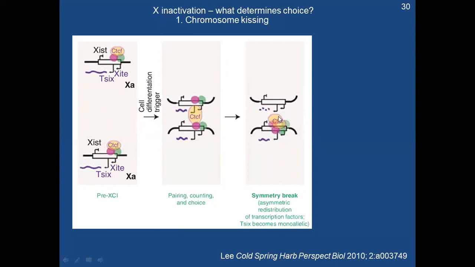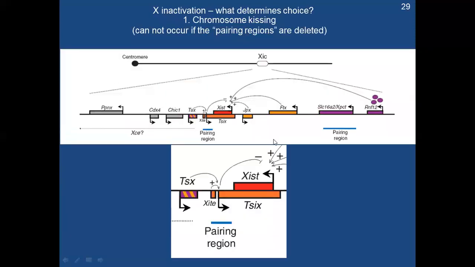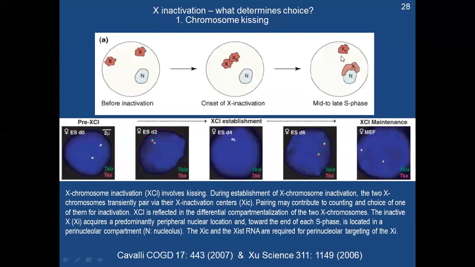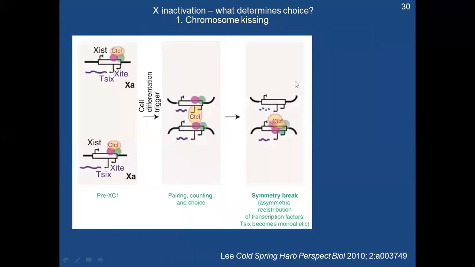This is going to remain active. So that's how this happens. Once they touch each other, one decides to be inactive by allowing all its pluripotency factors to move on to the other one, and eventually it's silenced while the other one remains active. This is mechanism number one.